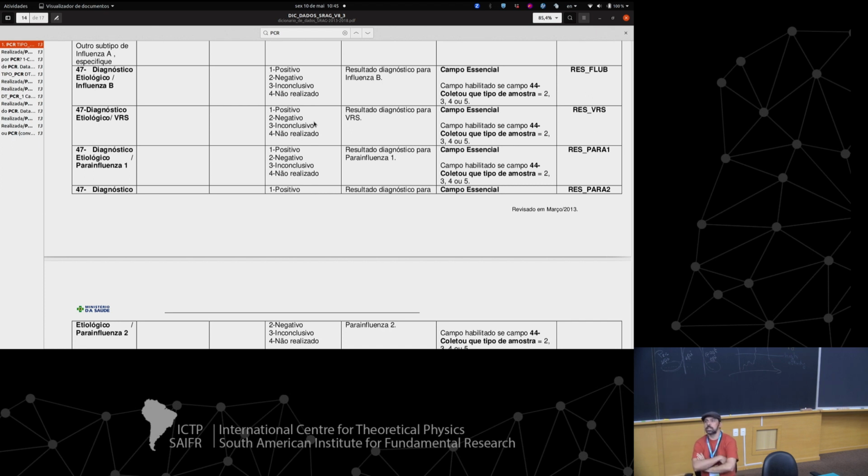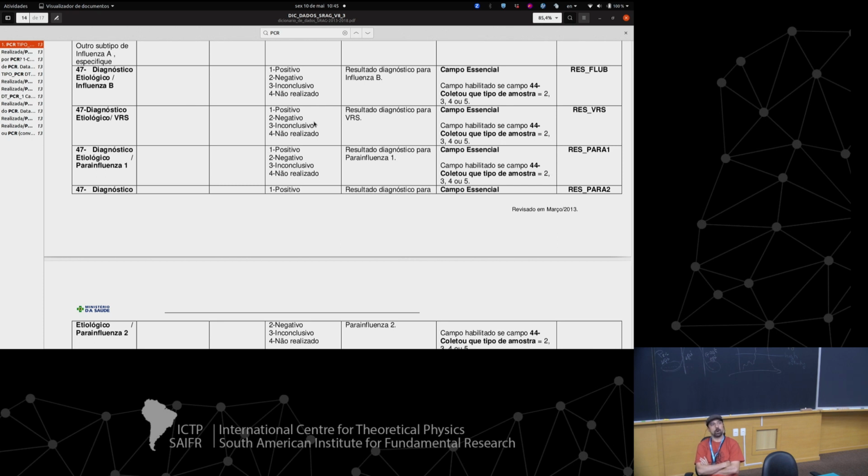Can I be certain, for instance, if I look at one entry and I see that it's marked as positive for influenza A, let's say, can I be certain that this sample was negative to RSV or to influenza B or to SARS-CoV-2? As long as it isn't explicitly specified that it's negative, you don't even know if it was tested for that pathogen, let alone know if it was positive or not.